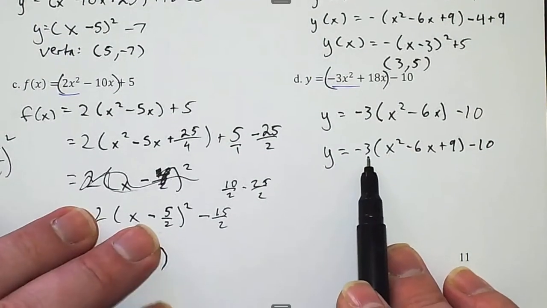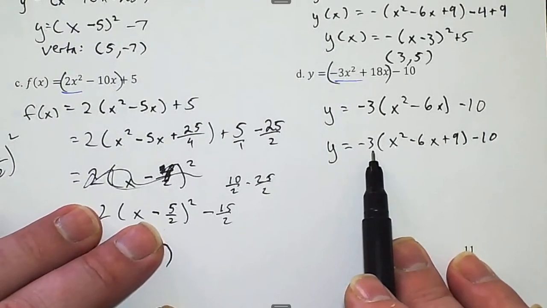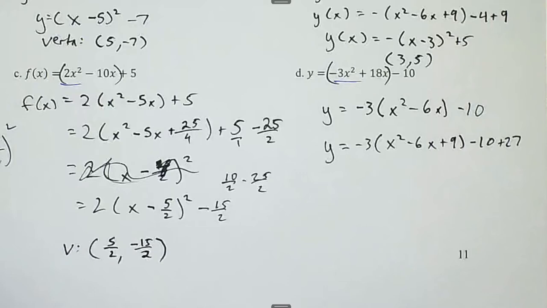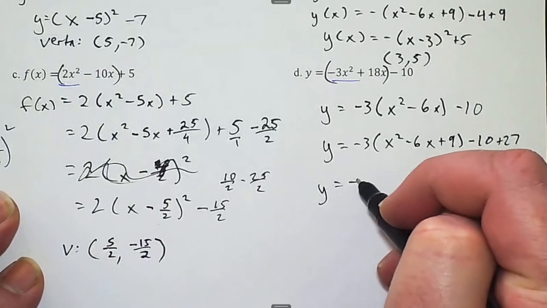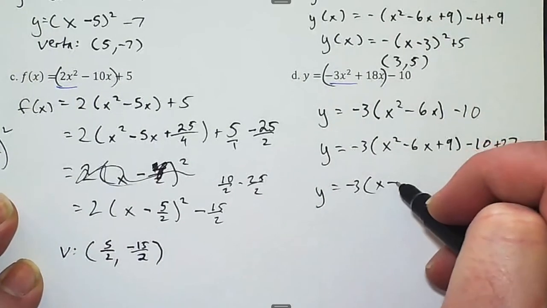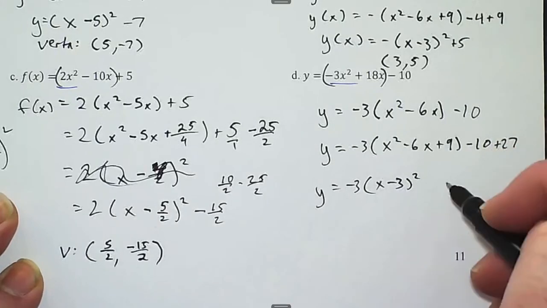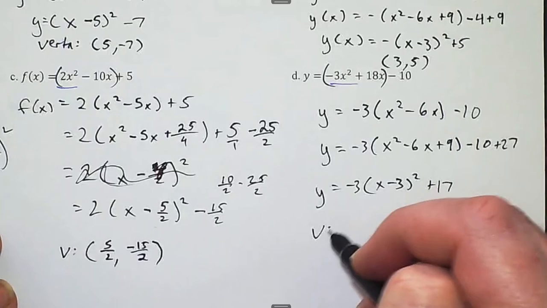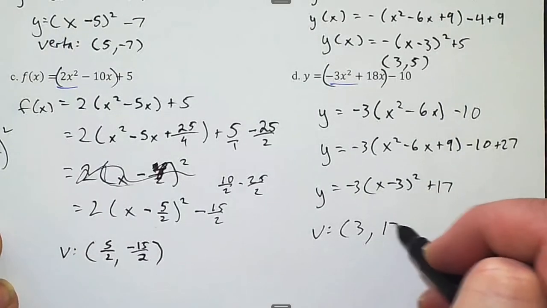So I really added a negative 27. In other words, I subtracted 27. I need to add 27. So this becomes y equals negative 3 times (x minus 3) squared plus 17. So that tells us our vertex is (3, 17).